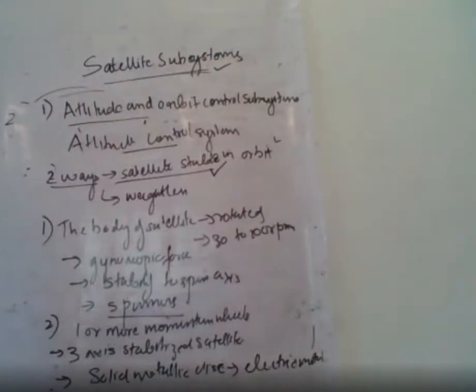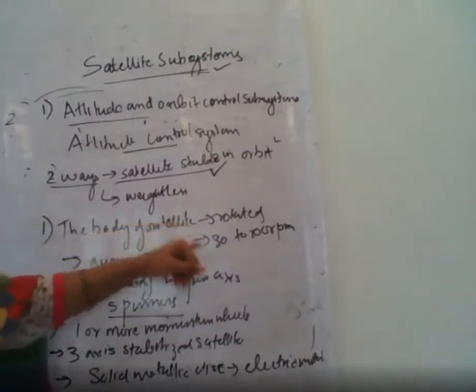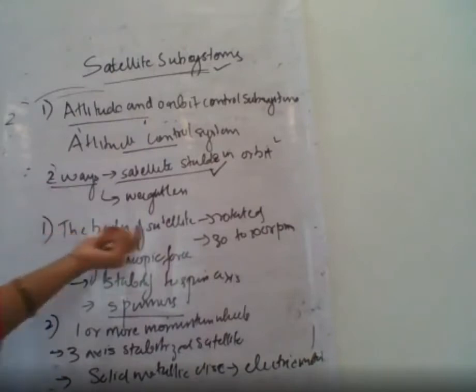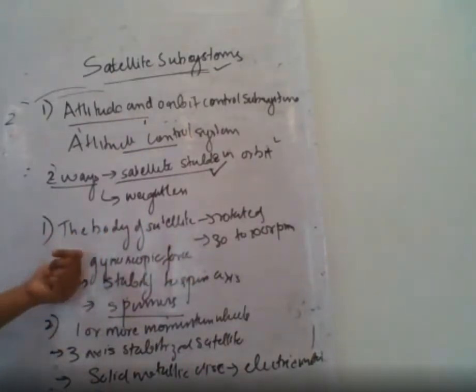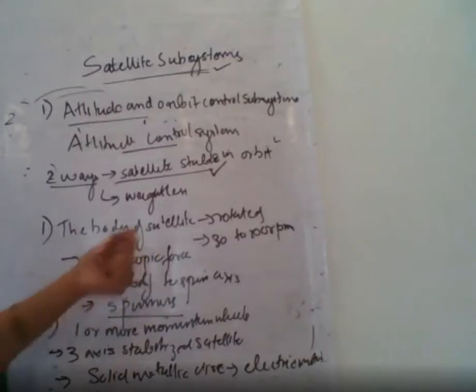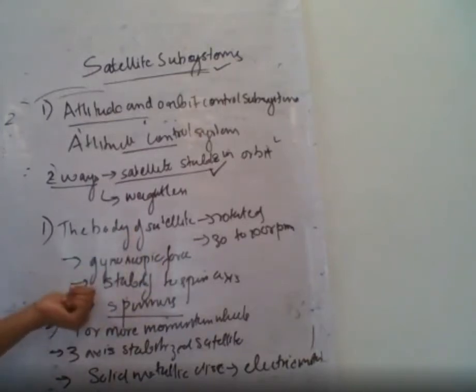So, satellite stability in orbit is achieved in two ways. First, the body of the satellite is rotated at a rate of 30 to 100 rpm, which creates a gyroscopic force. This gyroscopic force provides stability to the spin axis, and such satellites are known as spinners.